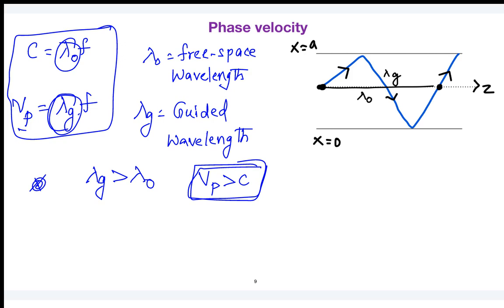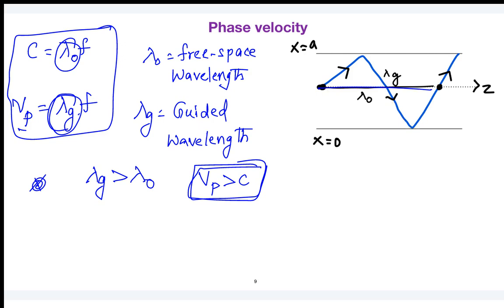The moment you put the waveguide, the wave takes a longer path to cover the same distance, which is the lambda g part. To cover the same distance, it has taken a longer path, and this total distance I was calling the guided wavelength, because even in the same lambda g, the signal undergoes a phase shift of 2 pi radians.